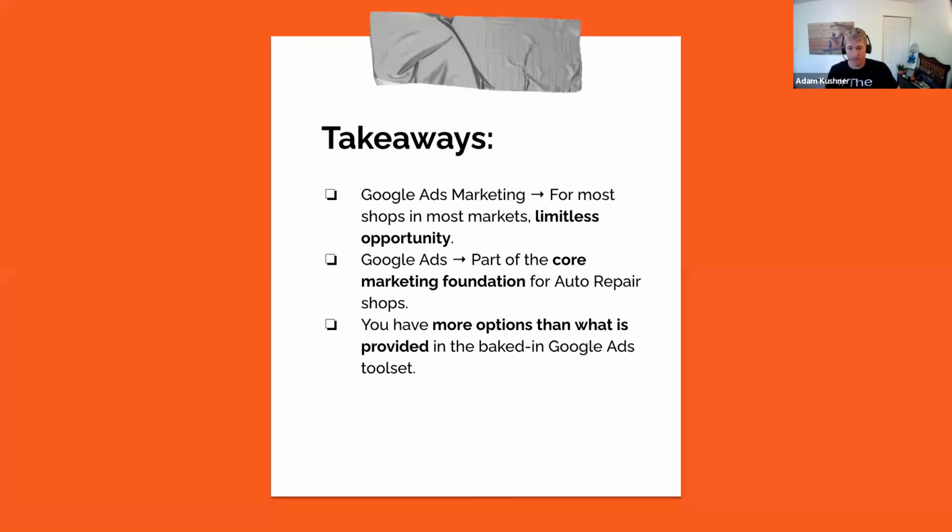We can't validate that your Google Ad account is working for you if we're only looking at impressions and clicks. It's got to be more than that. It's got to be looking at what I think is the most valuable thing that we can do for an automotive repair shop: make the phone ring.